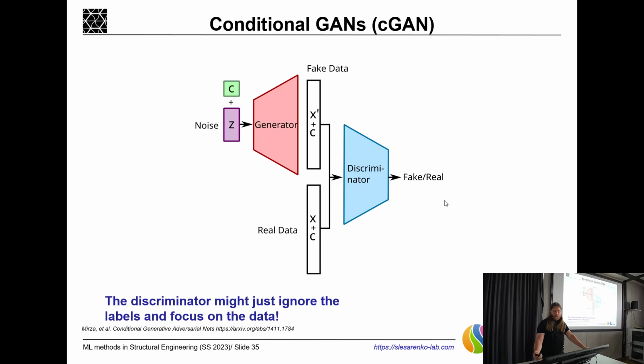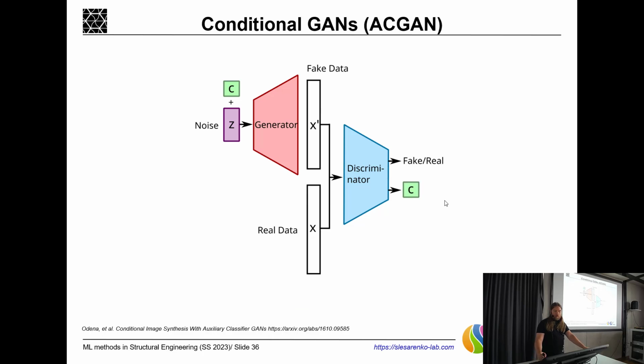Okay, that's quite a difficult question. But what we can do is, instead of passing labels there, we can say, okay, our discriminator outputs a class. And we force this class to be the same. Here we again have the data, basically, to fit our real images.